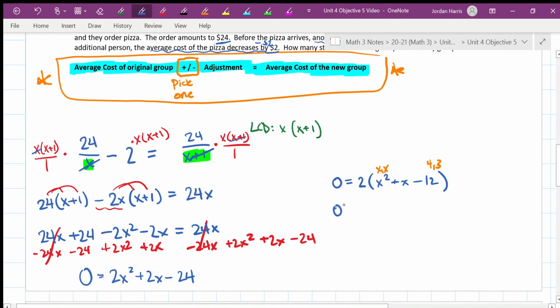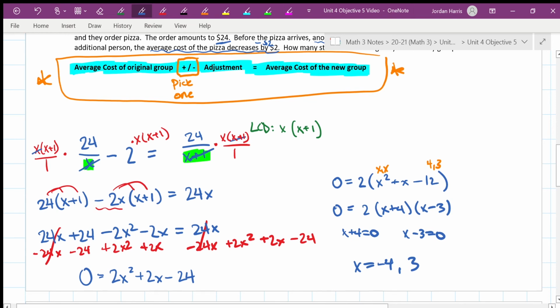Okay, so I think it's going to be x plus 4, x minus 3. 4 times negative 3 makes negative 12. 4x minus 3x is positive 1x. Checks. Good. Okay. Zero product property. 2 can never equal 0, so I'm not worried about that. But x plus 4 can equal 0, and x minus 3 can equal 0. So I get x equals negative 4 and 3.